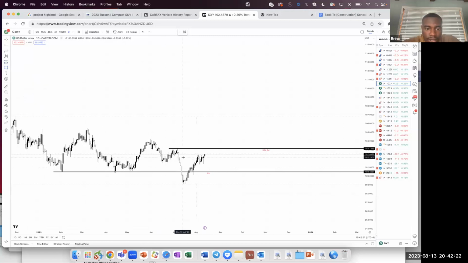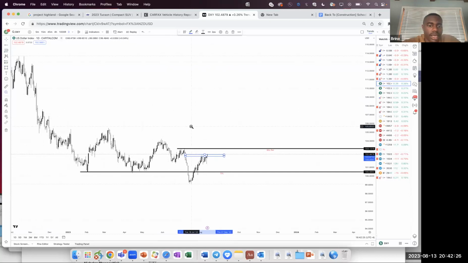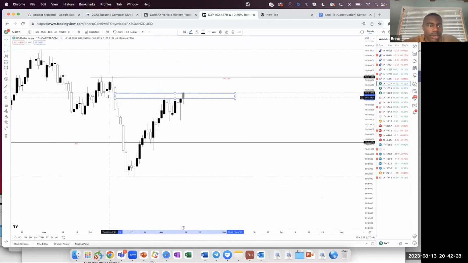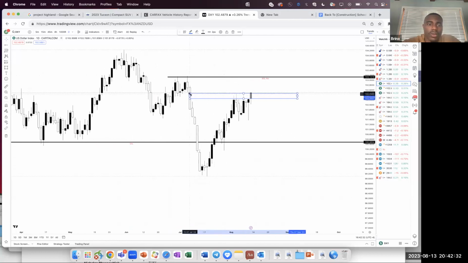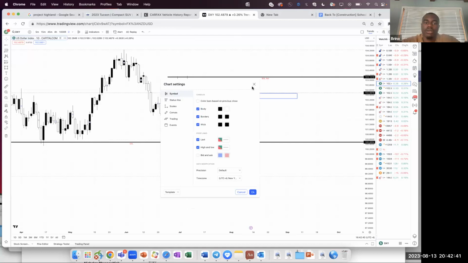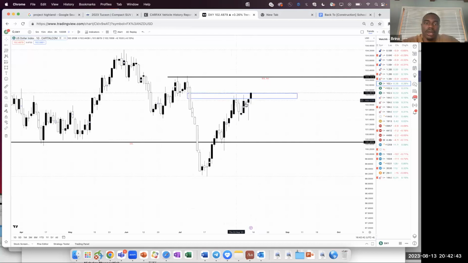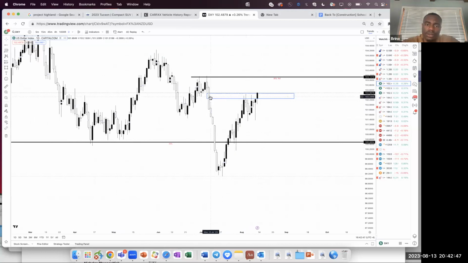We'll refer to this as an imbalance zone that price is coming back into. The concept is one that I'll talk about, called fair value gaps, in the summit. But just know that this is a fair value gap and price is coming back into this, and it will eventually reject.